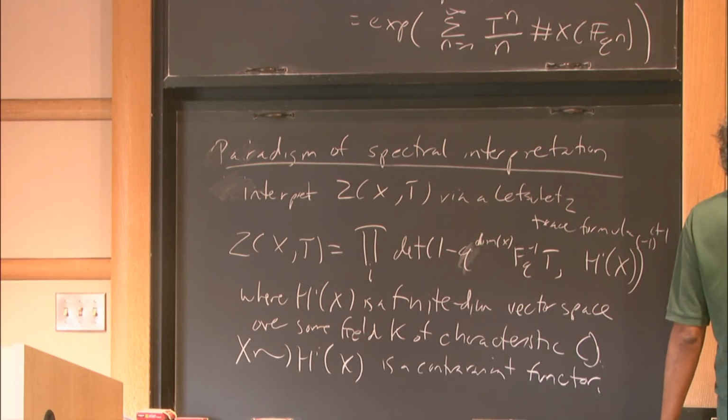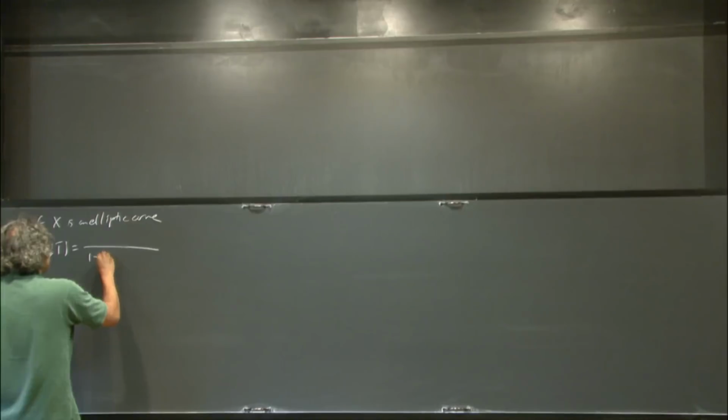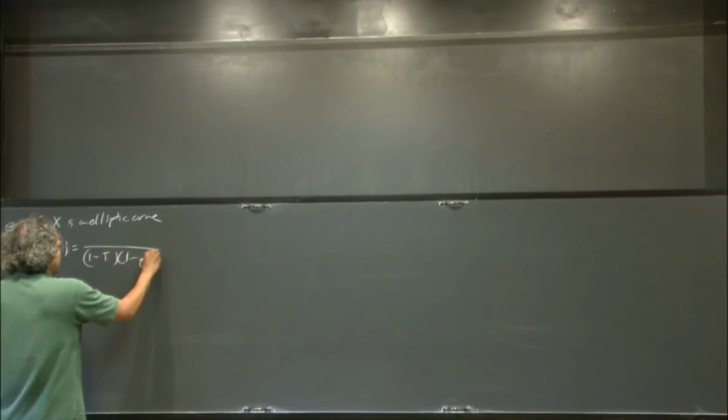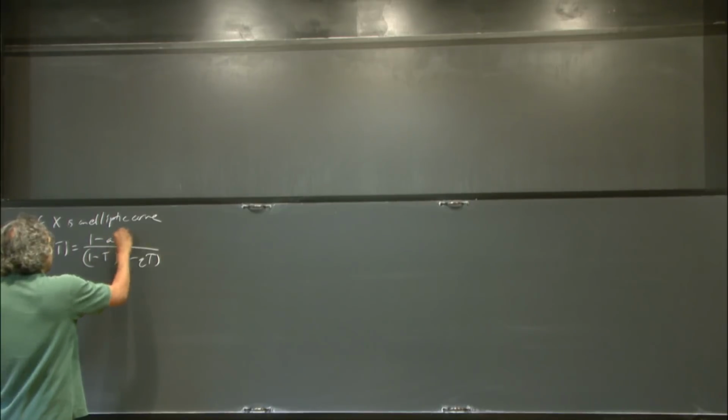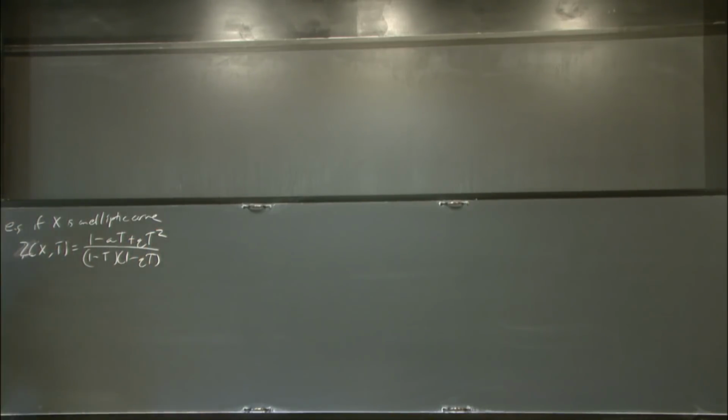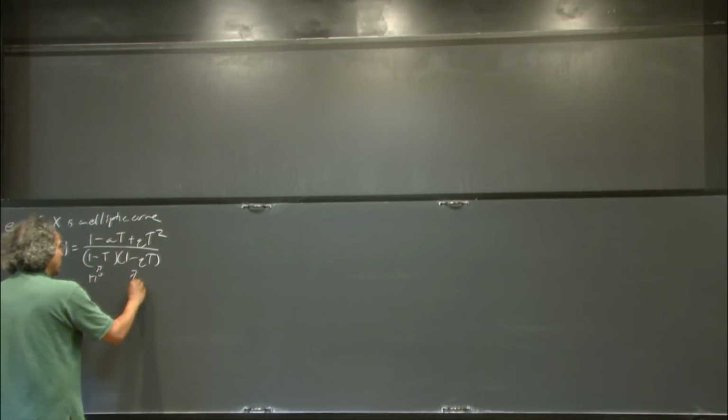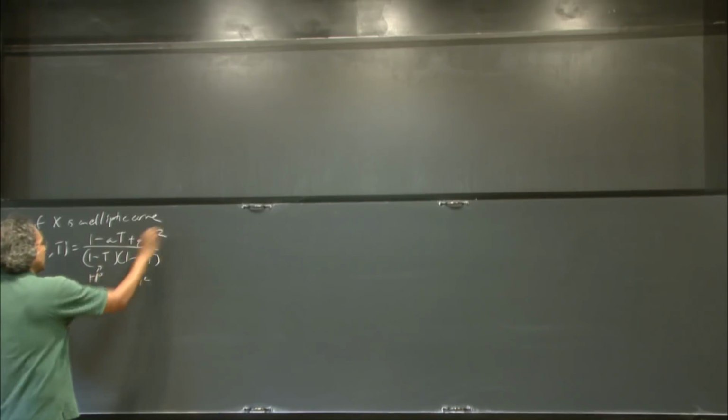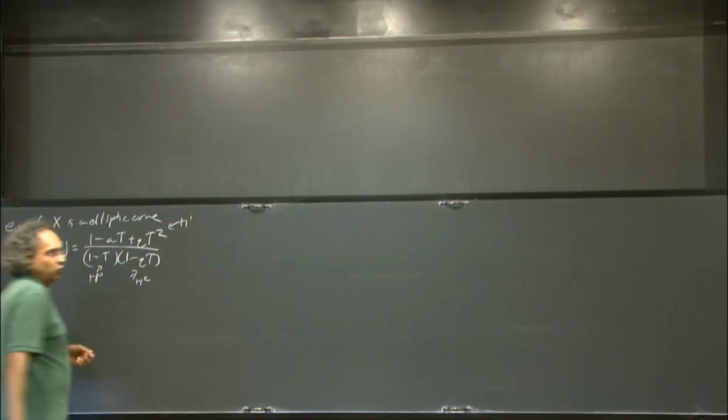So for example, if x is an elliptic curve, it's been known for some time, this observation goes back maybe to Emil Artin, that this expression looks like this. You have a denominator of (1 minus t)(1 minus qt). This will come from H^0. This will come from H^2, whatever that is. And this is supposed to come from H^1.